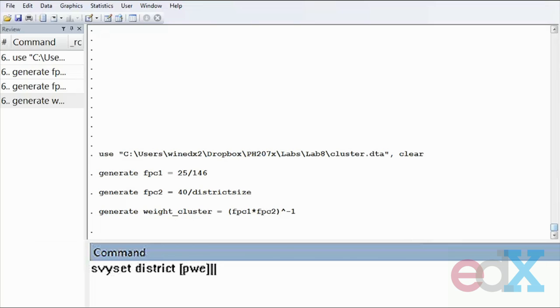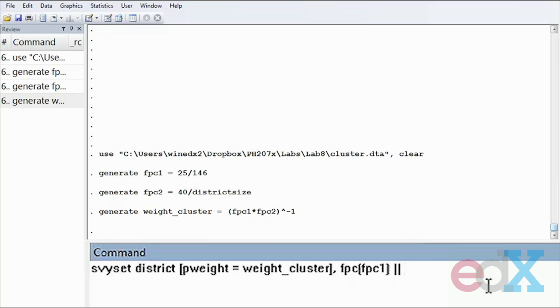Next, you always specify your survey weights. And after the survey weights, if you want to specify a finite population correction, we would say FPC parentheses and give it the name of our variable FPC1. And then the double bars tell Stata, all right, we're going to the next stage of the sampling.